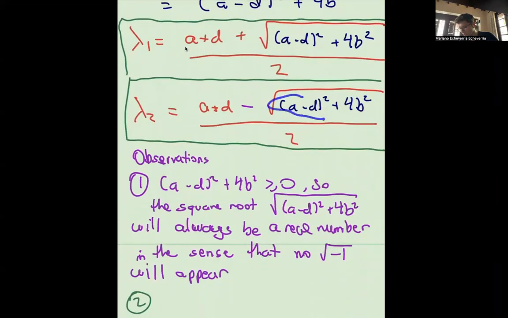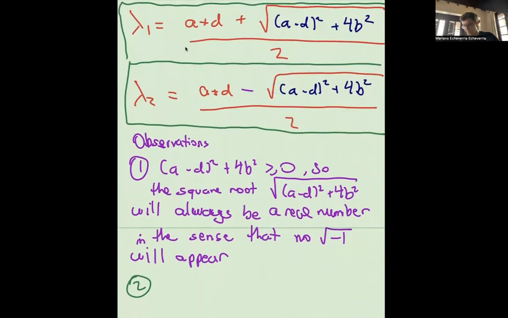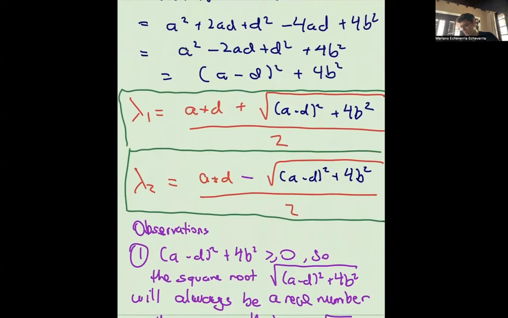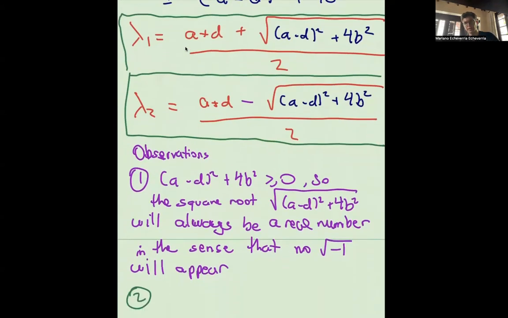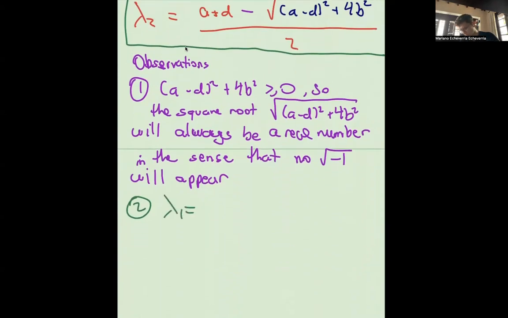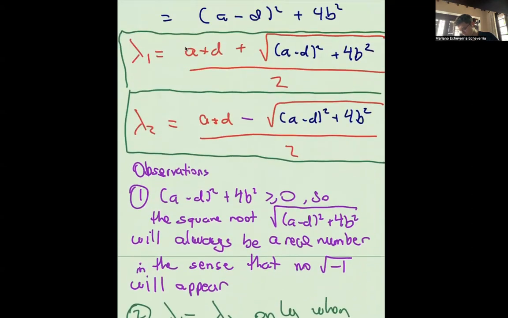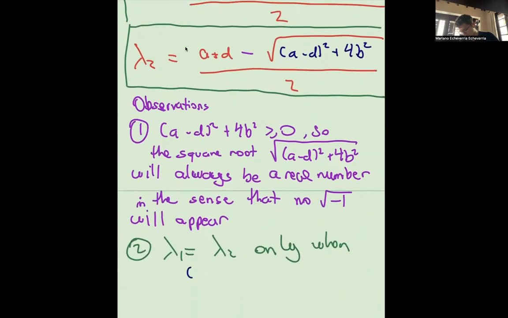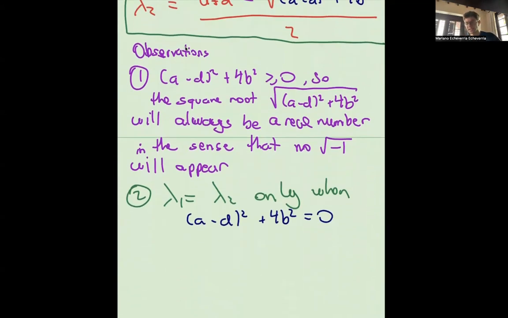You may have seen it for the first time in high school. So lambda1 can be equal to lambda2, but for that to happen, the stuff inside the discriminant must be 0. Only when a minus d squared plus 4b squared equals 0.